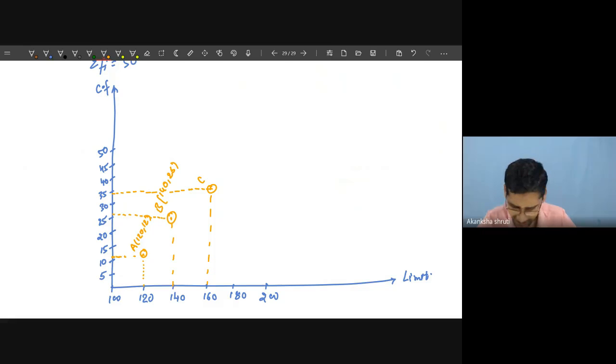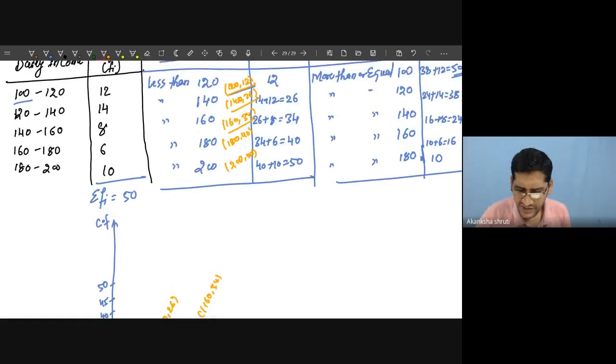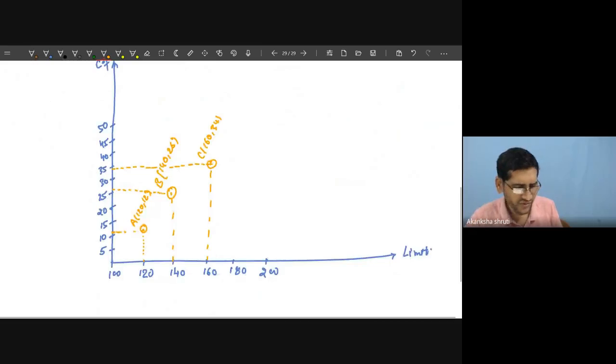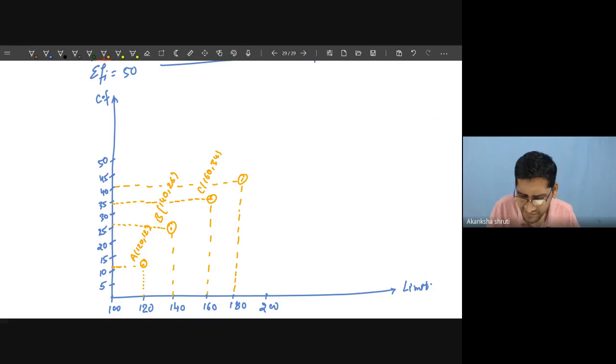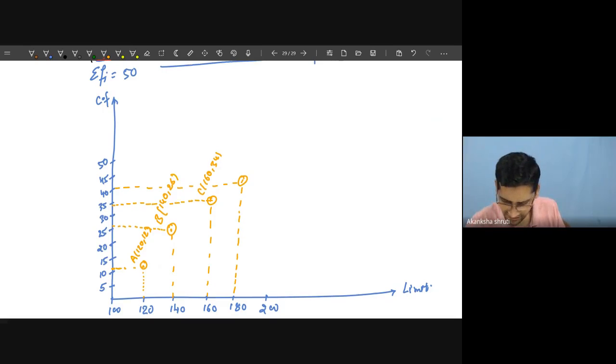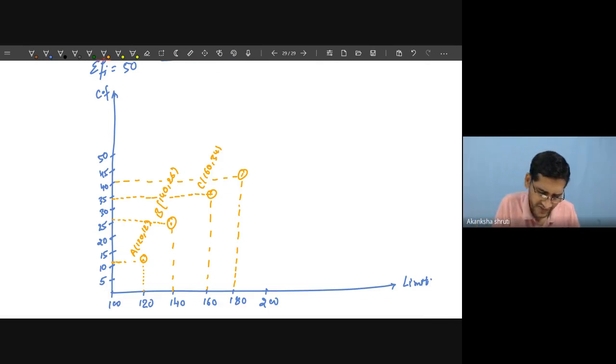It is our C, which is 160 and 34. Go for D. The next point is 180 and 40. 180 and 40. And the next one is our 200 and 50.